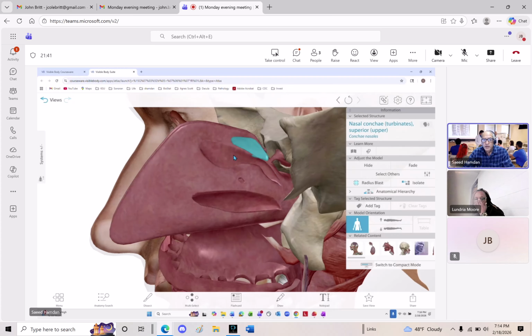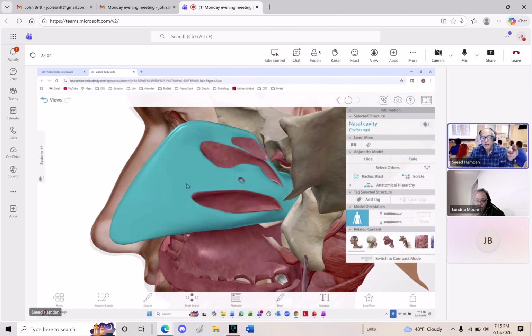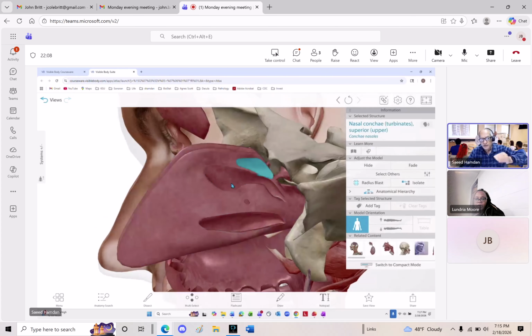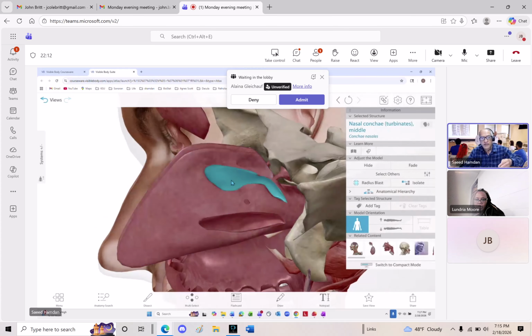So superior, middle, and inferior. Superior nasal concha, middle nasal concha, and inferior. On the space and not the actual structure? No, that's a good question, actually. See, this image here is reversed. The cavity is the reverse. The cavity is the opening, and these are the shelves. Oh, okay. Yeah. So these basically are the shelf that you see.